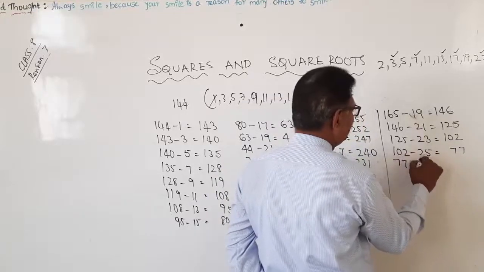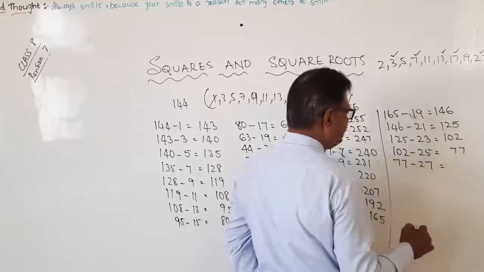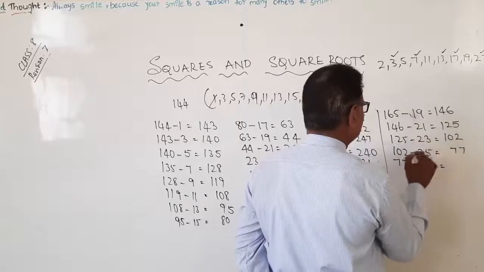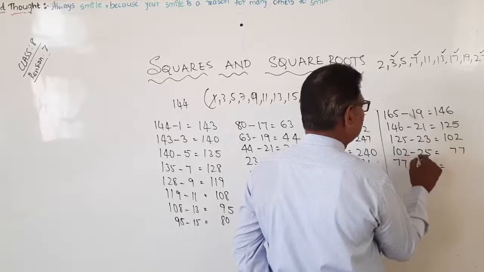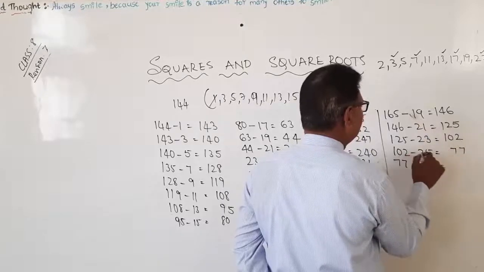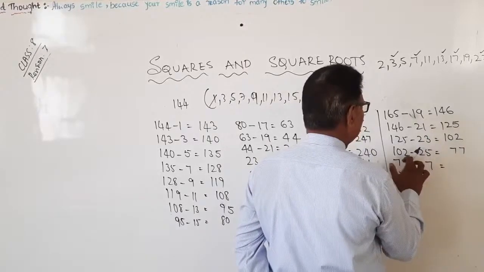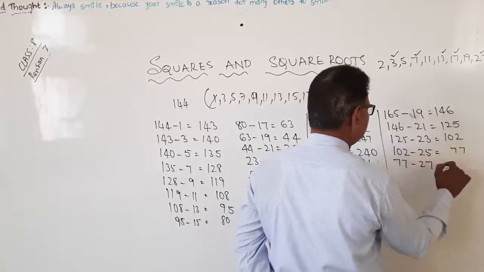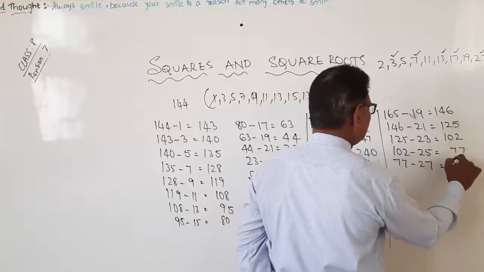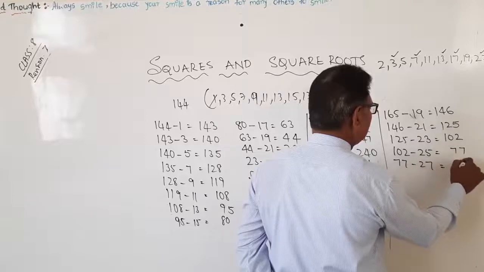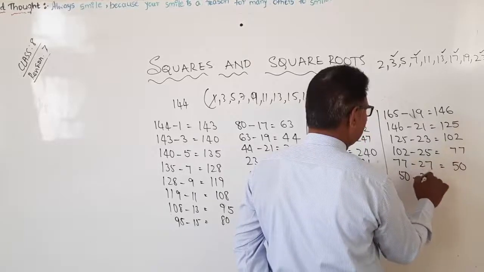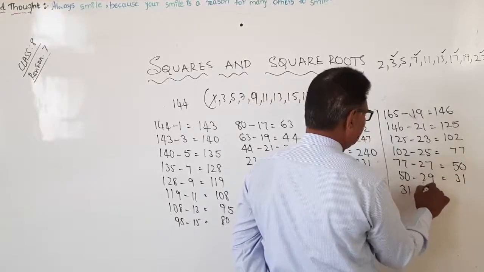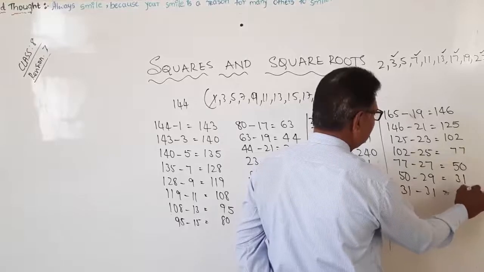87 minus 27. How much is it? Yes, 60. 60 minus 29, it is 31, and 31 minus 31 equals 0.